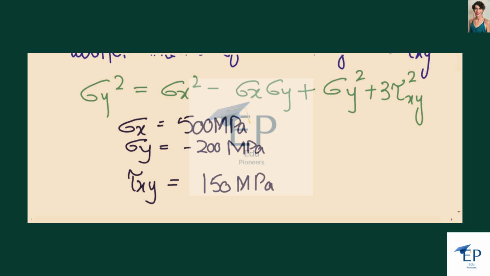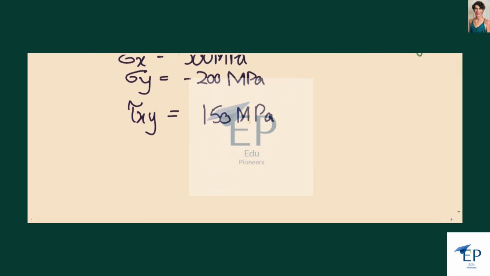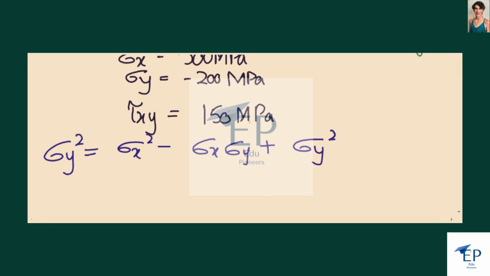Now what we are going to do is simply plug them in to what we found in problem 10.59, right? So that is simply sigma sub y square is equal to sigma sub x square negative the product of sigma sub x and sigma sub y, plus the square of sigma sub y, plus 3 times tau sub xy square, right? So just plug in the values.